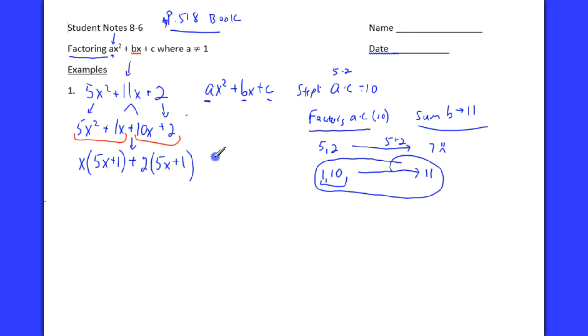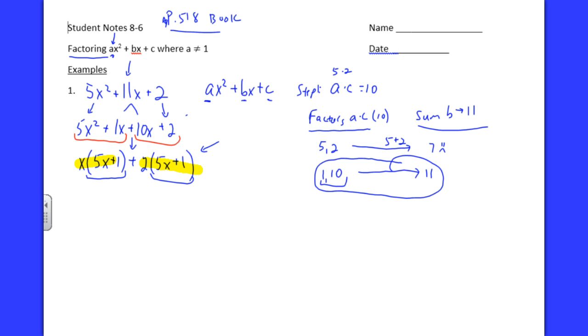Now if we look carefully at this line, notice that we have a plus sign right here, and around that plus sign, notice I have this 5x plus 1 and this 5x plus 1. So you can think of this as one term and this as one term.